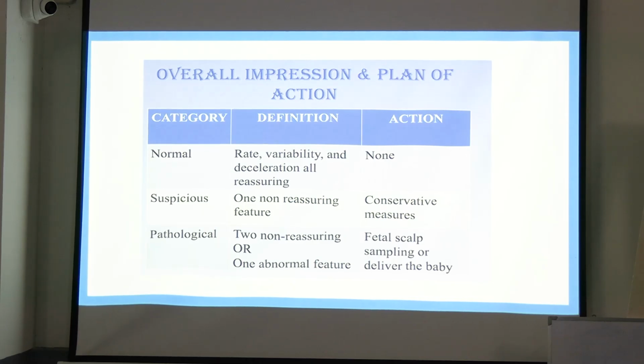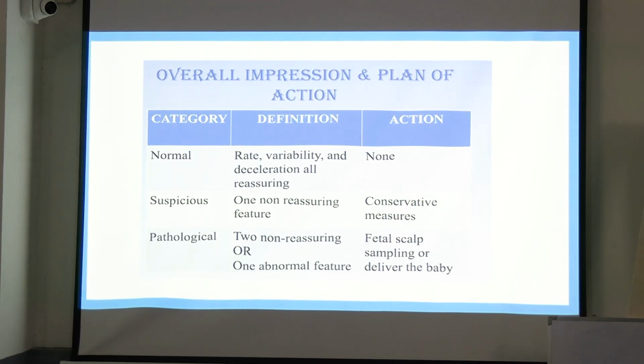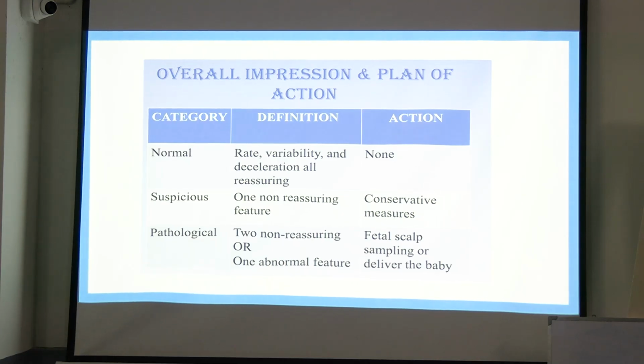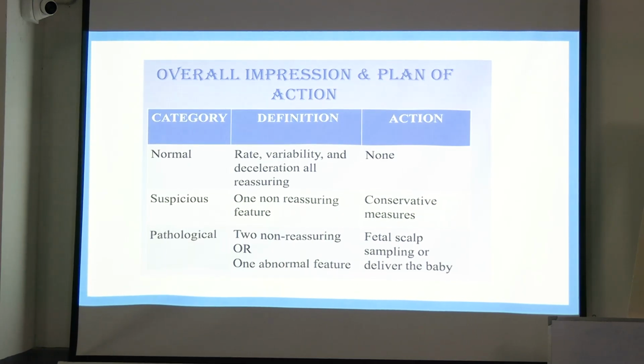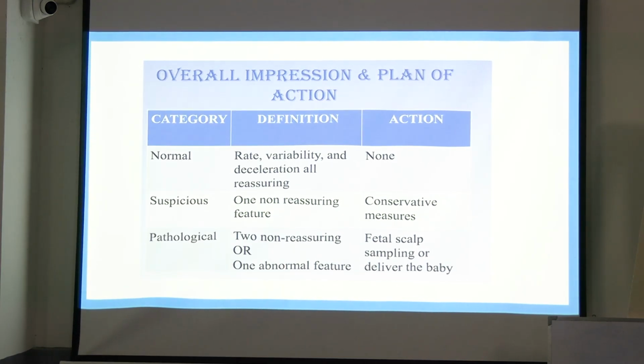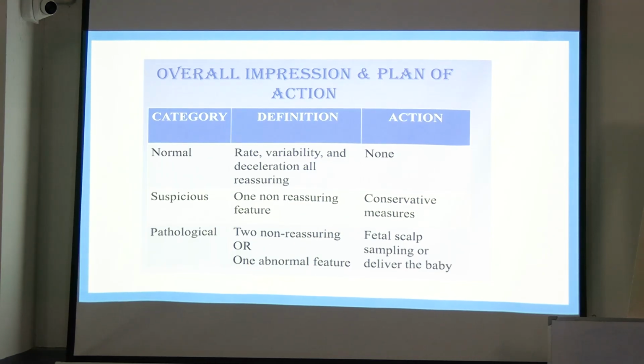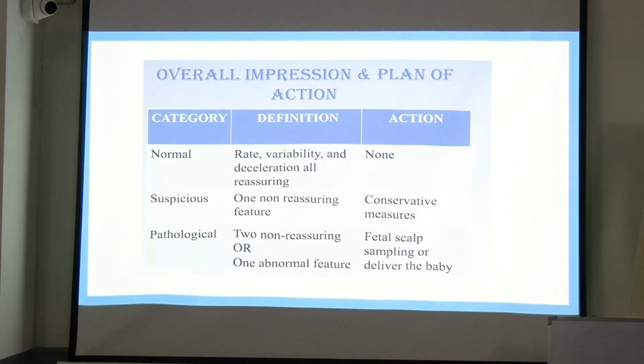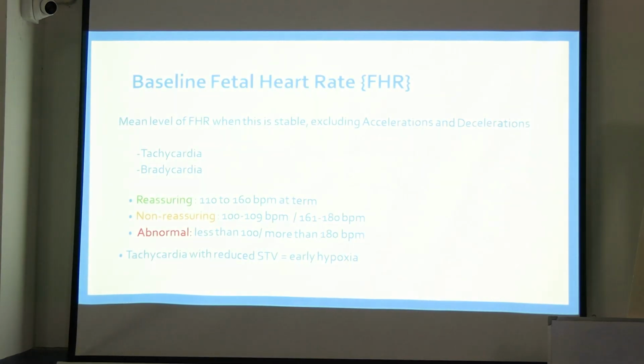If the patient is dilated, we will ask the patient to push. If fully dilated, forceps can be applied. Or if the patient is not dilated, dilation is less, or not in active labor or second stage of labor, then you can do cesarean section if required. Not in all cases.